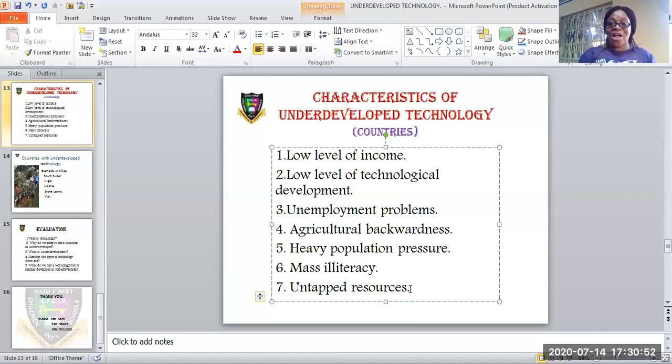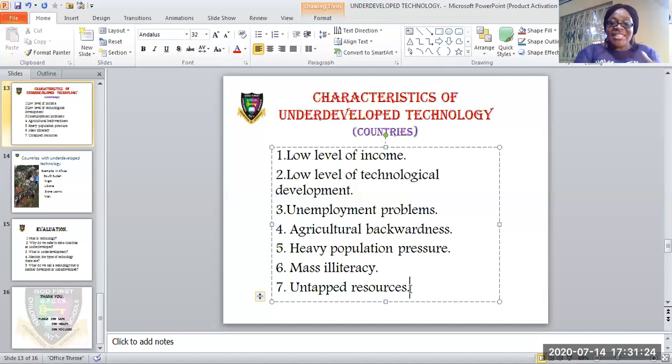Why? Because scientifically, these communities or countries cannot make use of or discover these resources by themselves. Why? Because they are not technologically developed. They are underdeveloped. They don't have the facility.